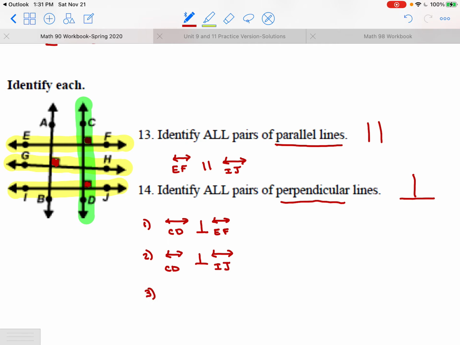Okay, and thirdly, we can see right here in this highlighted right angle box that line AB is actually perpendicular to this line right here, which is GH. So we have 3 different perpendicular intersections there in number 14.